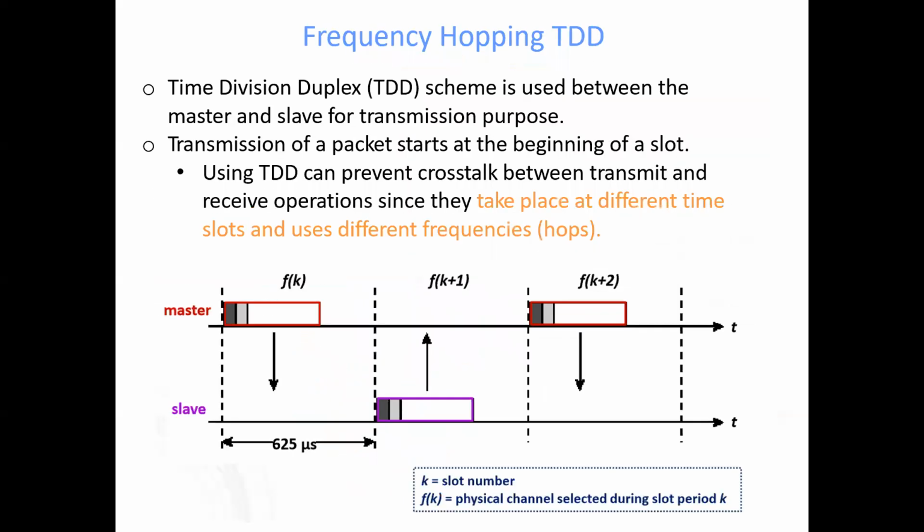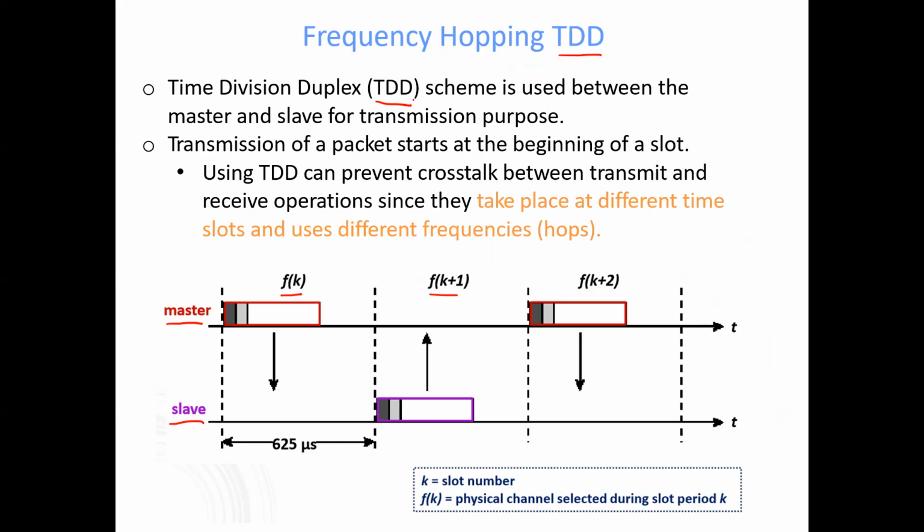And this works with TDD. I explained it already, but I review it again together with frequency hopping. So here is the communication between one master and one slave. In classic Bluetooth, transmission uses TDD, time division duplexing.